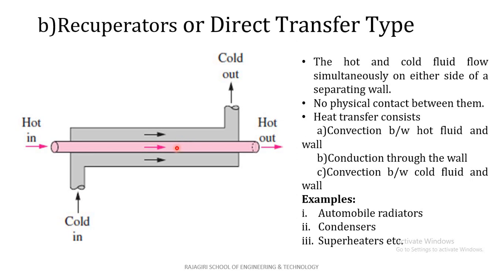Then the conduction heat transfer through the wall thickness, through this inner pipe thickness, and the convection heat transfer between cold fluid and the outer surface of the inner tube. So these three heat transfer modes are happening here: two convection heat transfer and one conduction heat transfer.